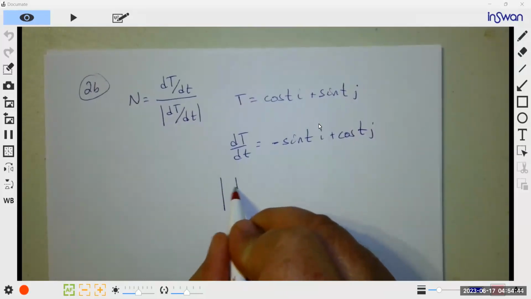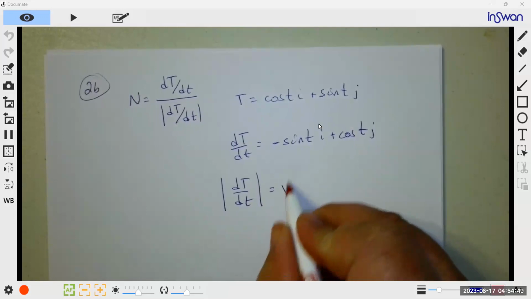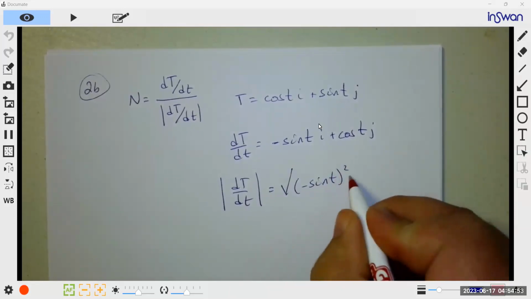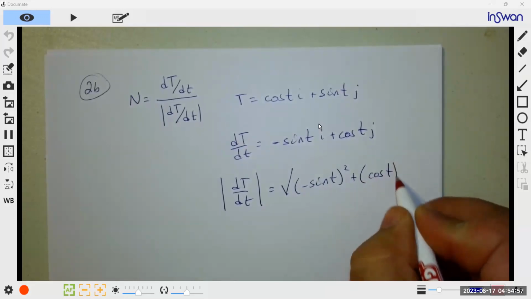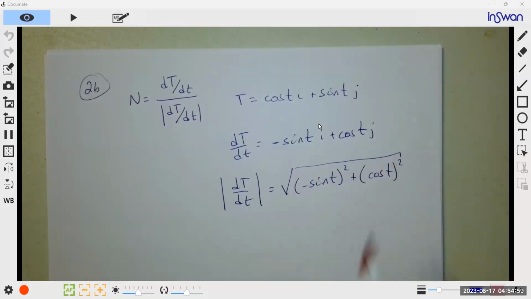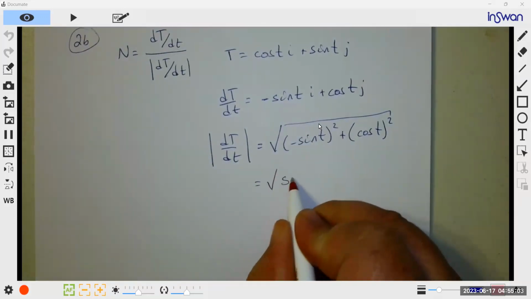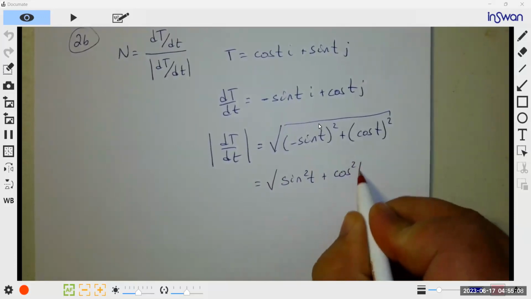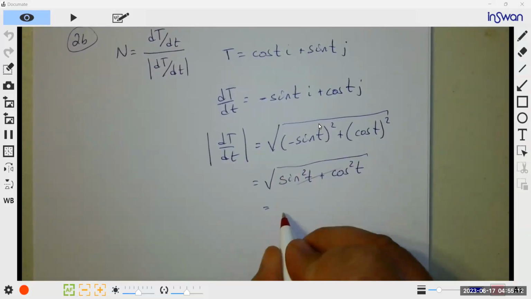And the magnitude is the square root of (negative sine t) squared plus (cosine t) squared, sine squared t plus cosine squared t, which again is the identity. Square root of 1 is 1.